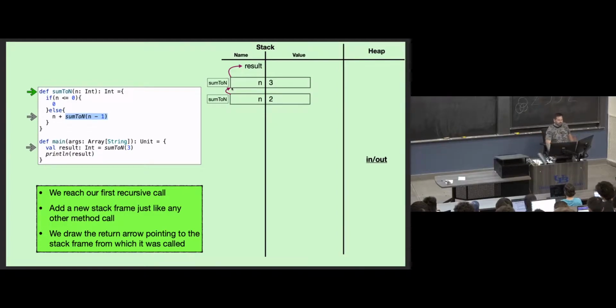Without recursion, for memory diagram examples, I'll usually store this in a variable and then do it that way. For recursion, that's just a lot of extra clutter. We just draw the arrow to the stack frame that made the recursive call. And notice we have two stack frames with the same method name. We're calling the same method multiple times. They're both on the stack. We just write the same method name both times.